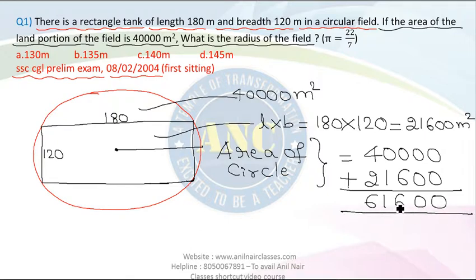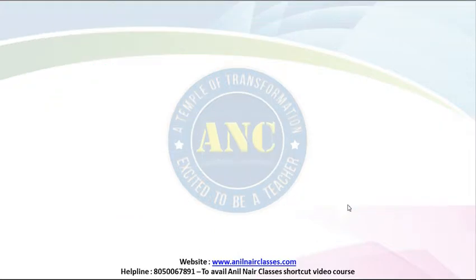Total area of the entire circle is nothing but land portion area plus the rectangular portion area, which is 61,600. That means area of the circle, given by the notation pi r square, totally is 61,600, and the only unknown value in this equation is r, and that is what they are asking.